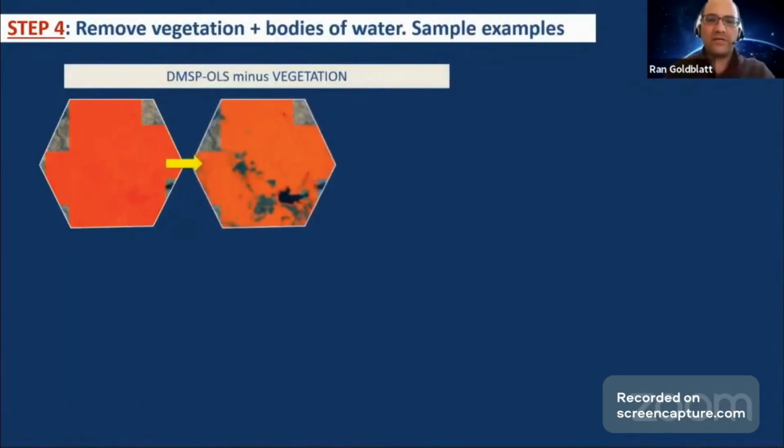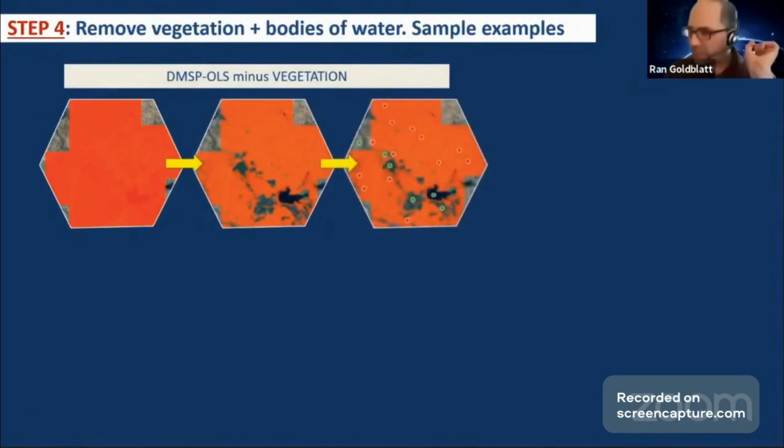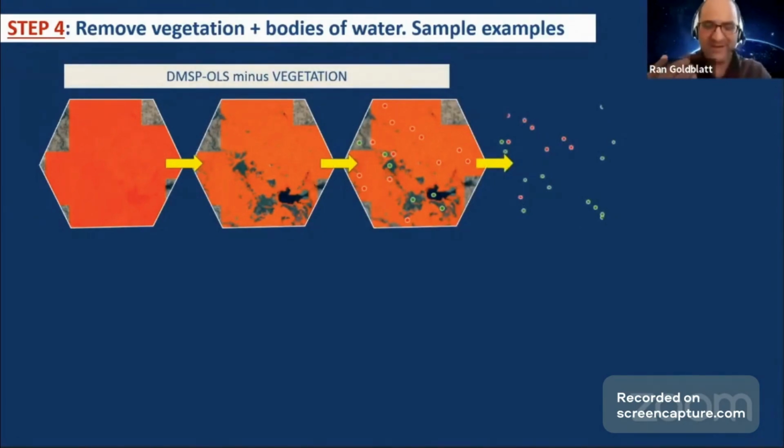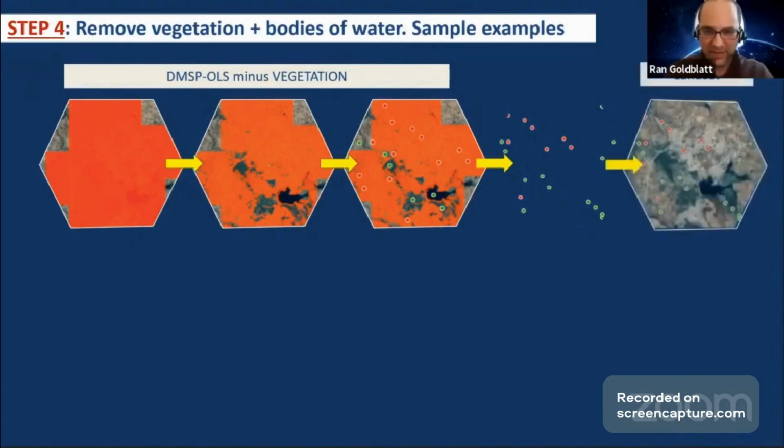We take the DMSP OLS, we remove all the areas with vegetation and bodies of water, we throw the points on the map. Each point is labeled either as built up or not built up. If it falls in a highly lit pixel that is not vegetation or body of water, it is labeled as built up. Else, it is labeled as not built up.